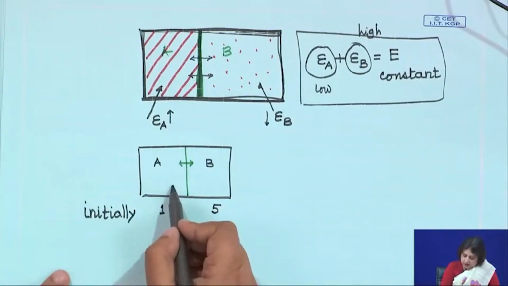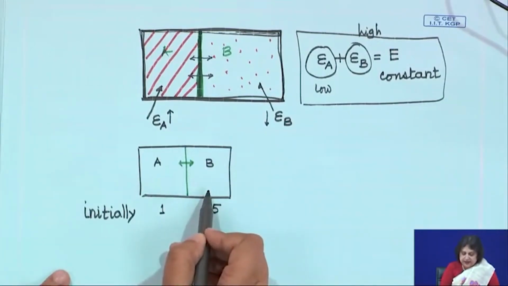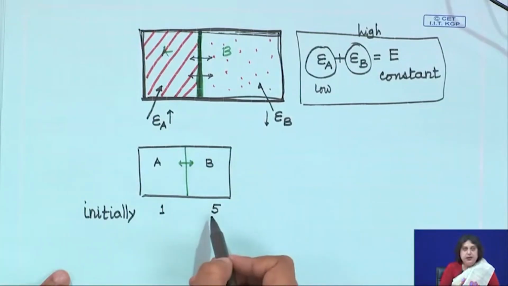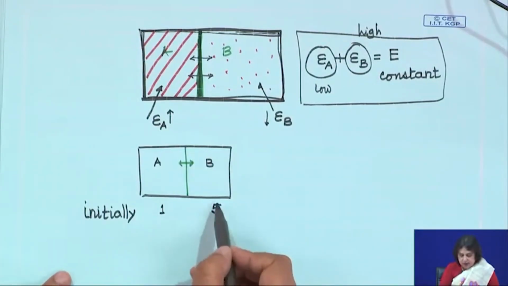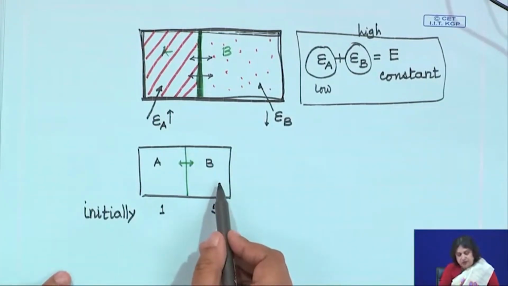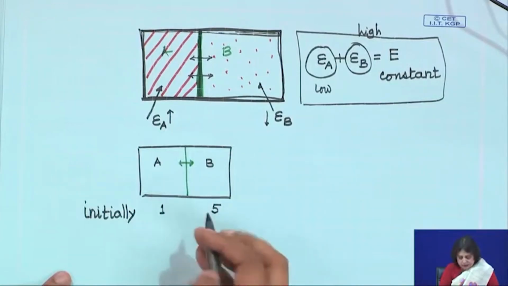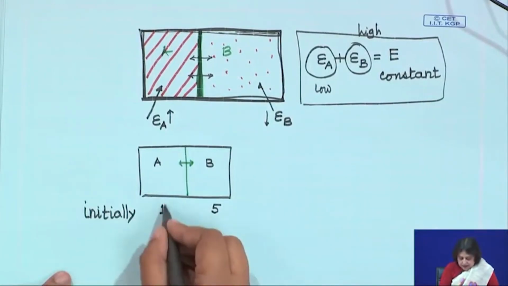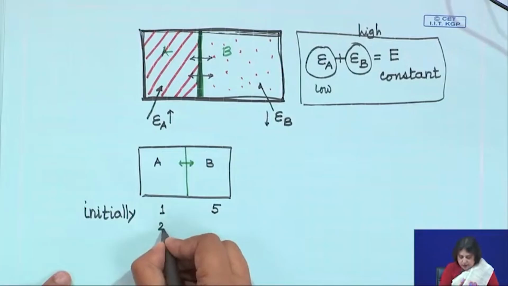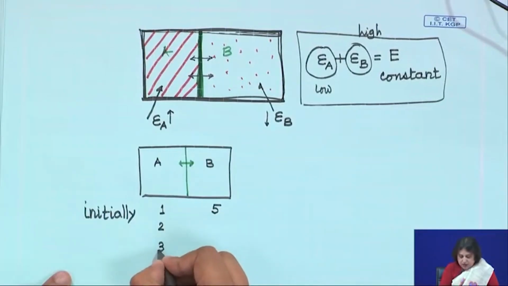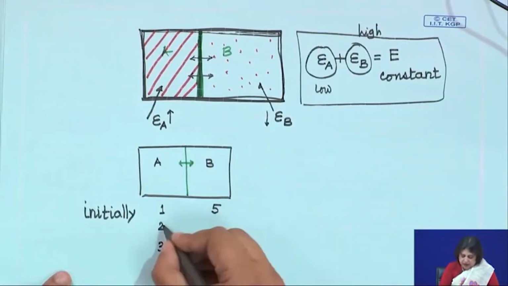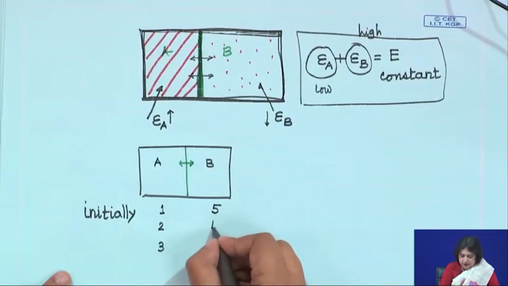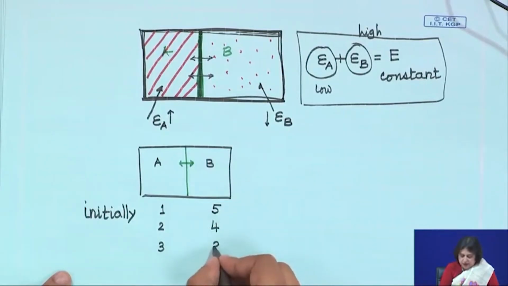Now, if I allow them to exchange energy, as I have said before, then B, being at higher energy, is in a position to lose some energy to A. So this number will go up to 1, 2, 3, and so on, and correspondingly this number will come down to 5, 4, 3, and so on.